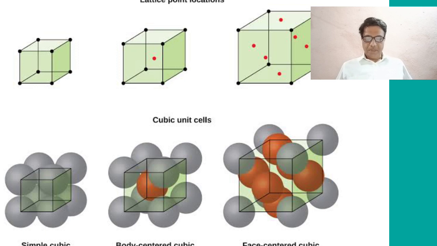That is lattice plus basis. This is the collection of atoms or molecules at a lattice point, at the basis, and there is a combination of lattice point with basis to form a crystal or crystal structure, and it is also termed as space lattice of crystal. Another name for crystal structure is a space lattice.